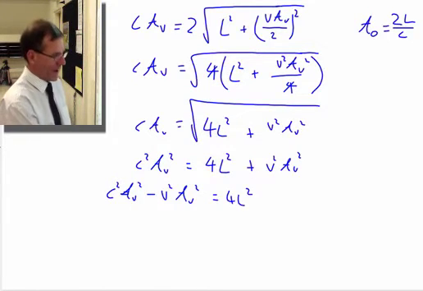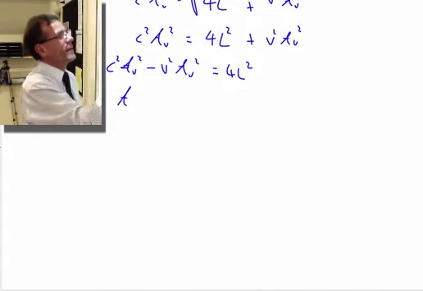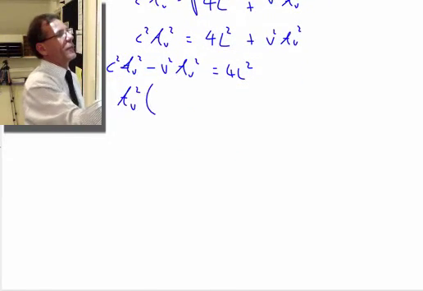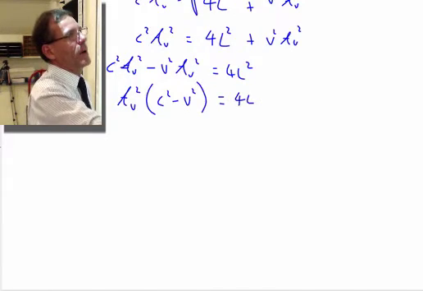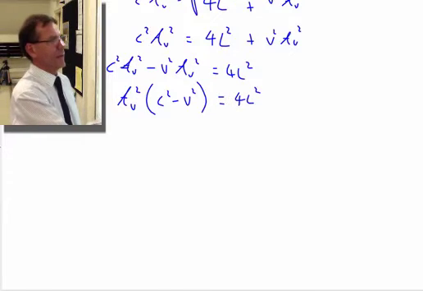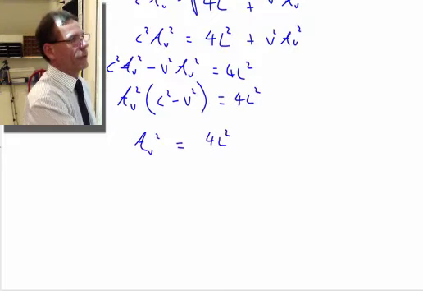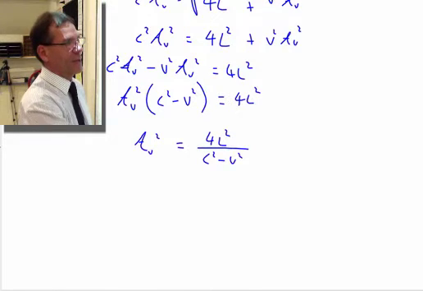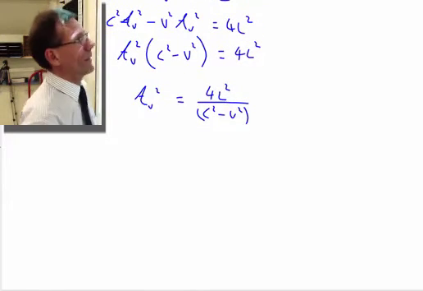We'll take out the common factor of TV squared. Let's give ourselves a little space here. TV squared outside of C squared minus V squared equals 4L squared. Let's just take the C squared minus V squared and turn that to the other side. We've got TV squared equals 4L squared on C squared minus V squared. And this is where it gets really weird, and you're not supposed to be able to guess how we're going to get there.